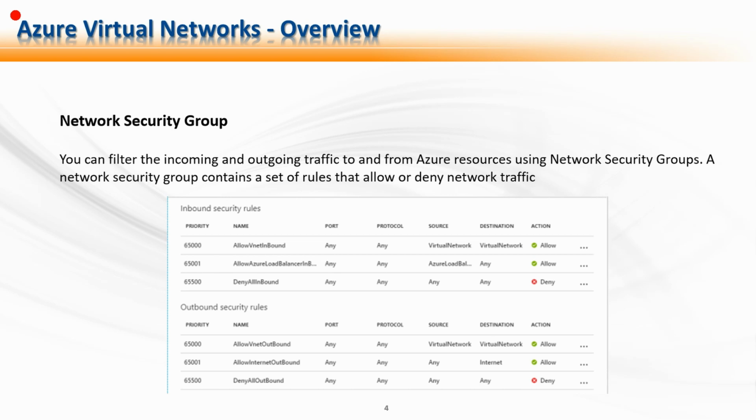Every rule defined in the NSG has a priority assigned. There are some default or predefined rules set which cannot be deleted, but these rules have the highest priority number, that is, they have the lowest priority and can be overridden. So if you look at the image, we have the inbound security rules and we also have the outbound security rules. And we have 3 predefined rules which are set already.